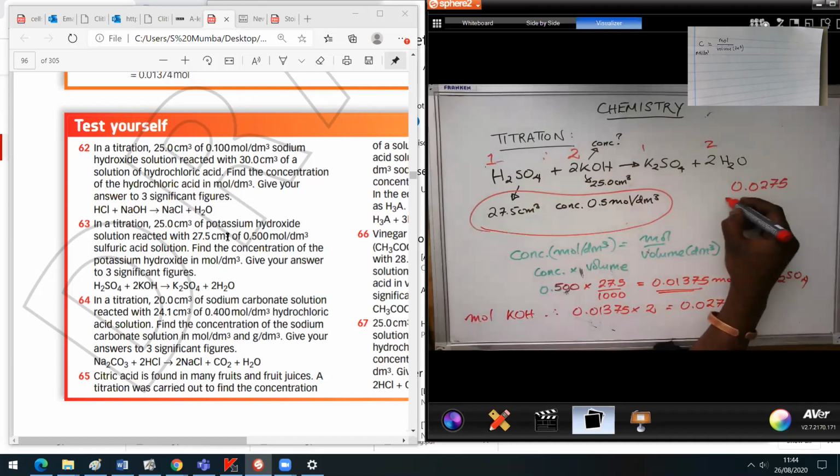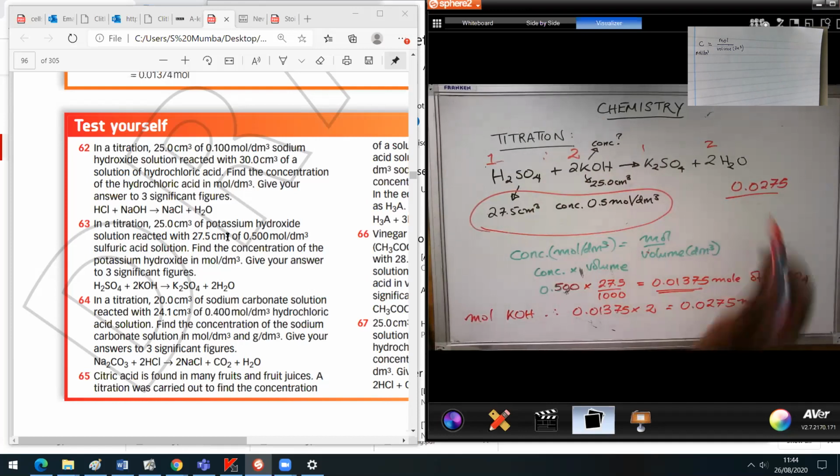0.0275. Now I'm using this formula, divided by the volume. What's the value for the volume I'm going to use, Jay? 0.025. Very good. So I'm going to divide that by 0.025. And what does that give us? It gives you 1.1. Yeah.